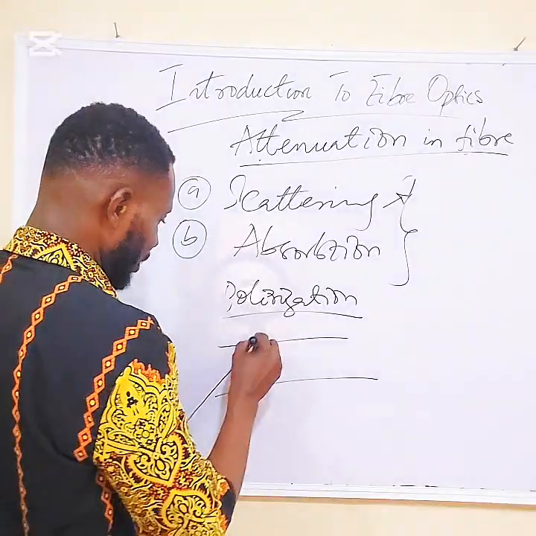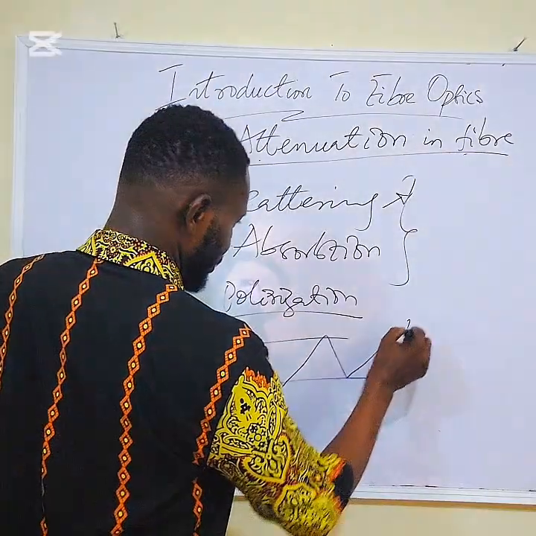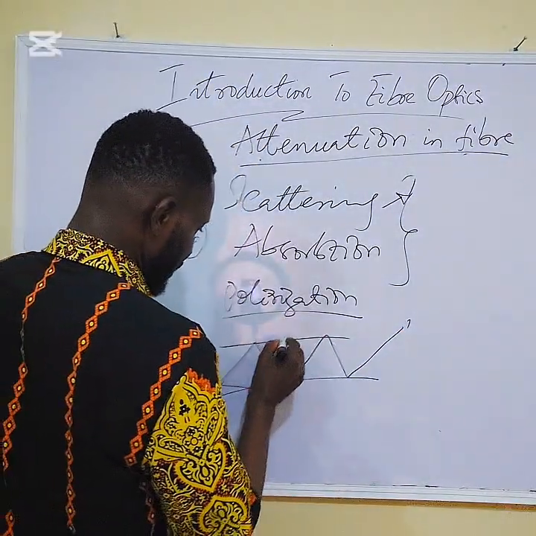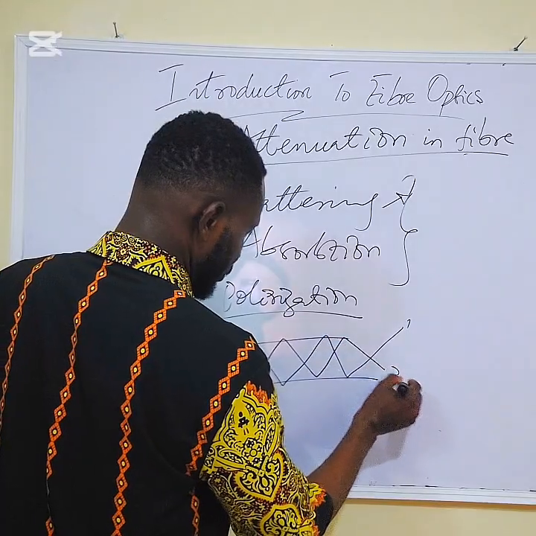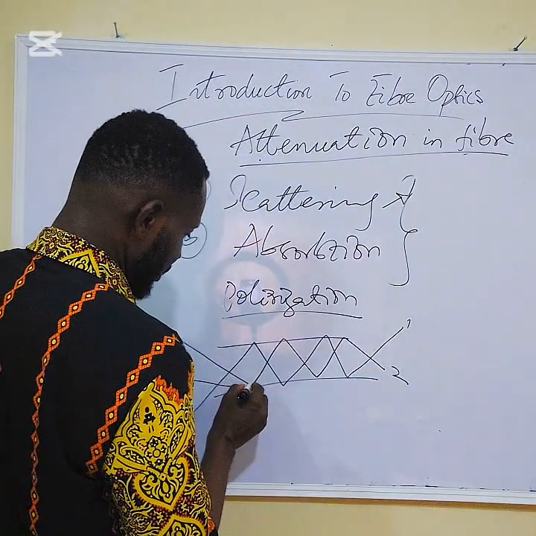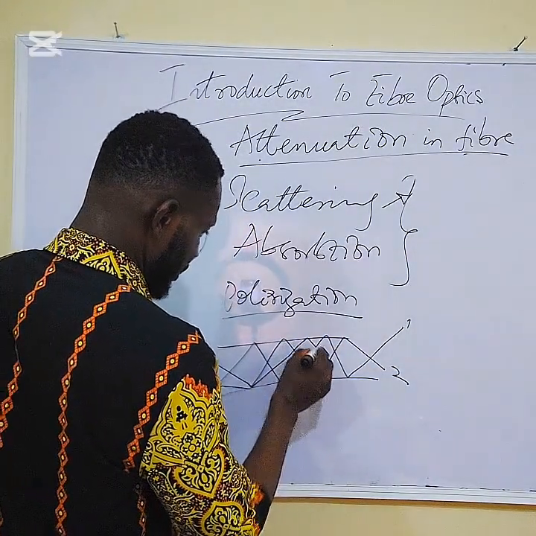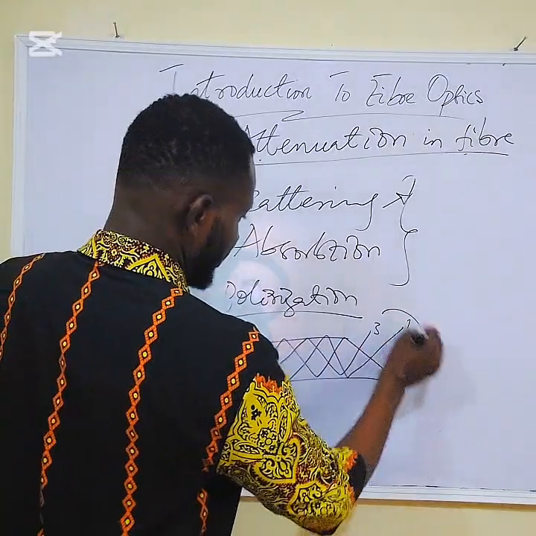This light is coming here like this, like this. This is one. This one is coming like this, like this. This is two. This one is coming like this. This is three.